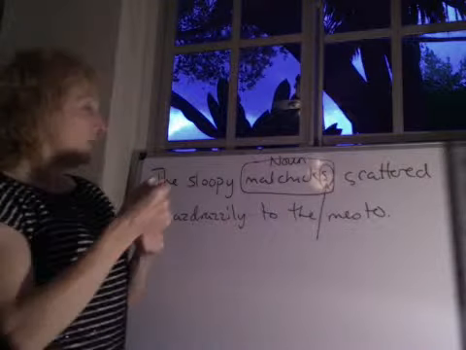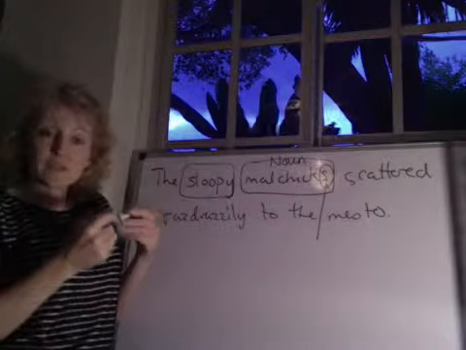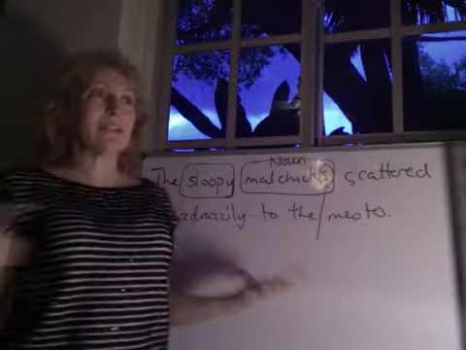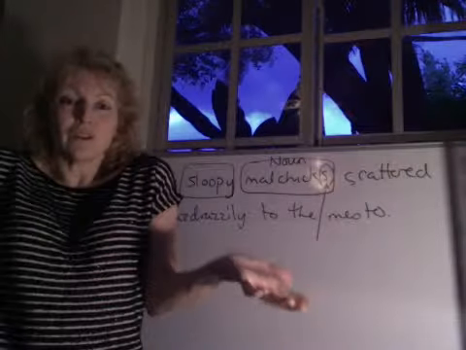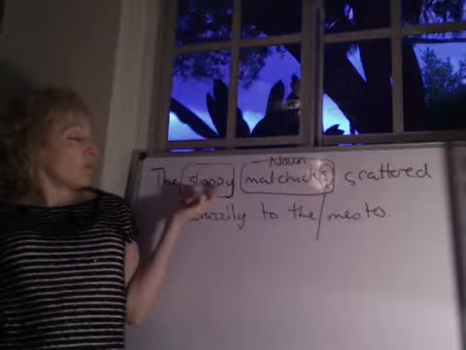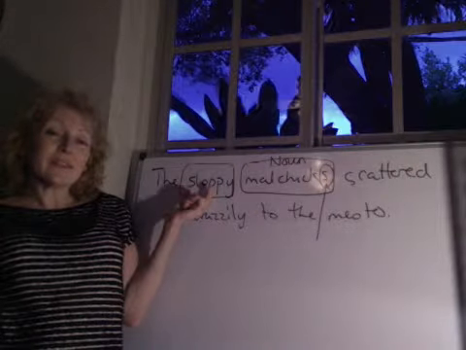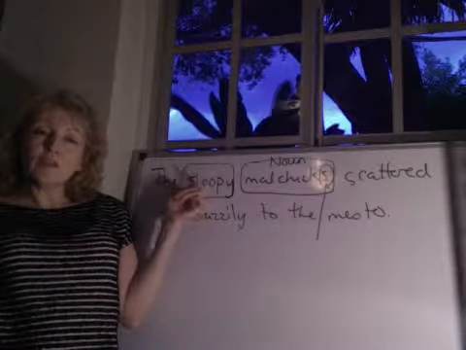And then if we take a look here at the word sloopy, what does it mean to describe something as sloopy? We don't know because it's not an English word. However, if you think about the role that this word is playing in the sentence, the sloopy male chicks, what is going on here with sloopy?